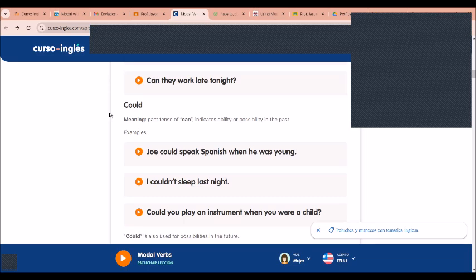Could you play an instrument when you were a child? All right. Now, in your case, Annalise, think about when you were maybe in primary school. Could you do algebra in primary school?